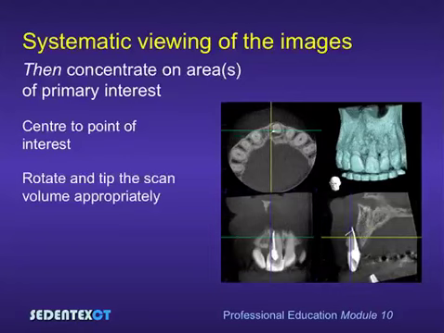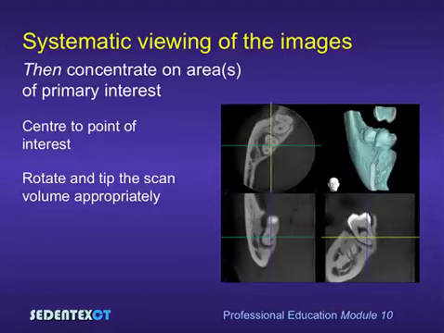Now, by appropriately here, we mean so that the object of particular interest, in this case the incisor tooth, is aligned with the principal planes of the scan. This is particularly important when looking at the roots of teeth. It's also useful when looking, for example, at third molars.